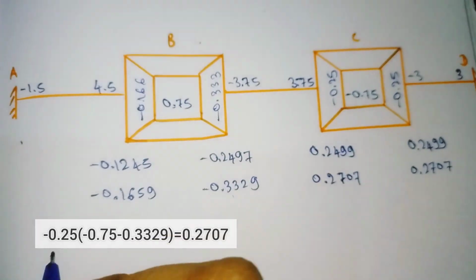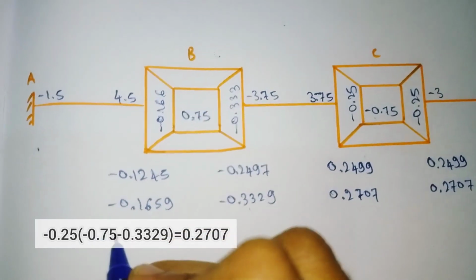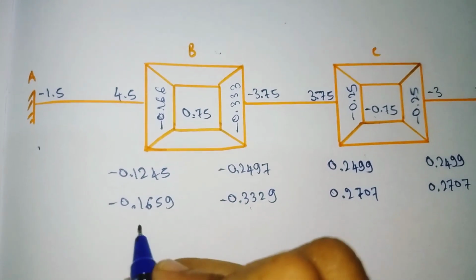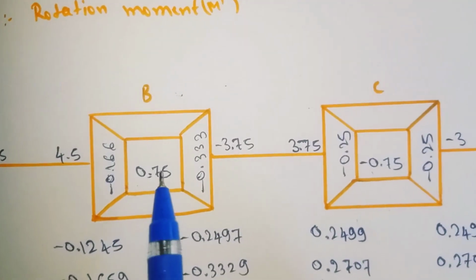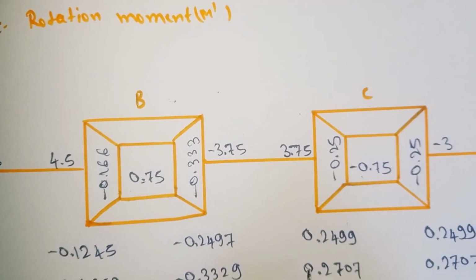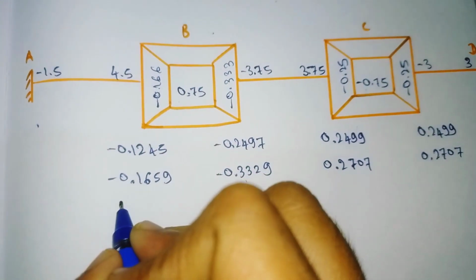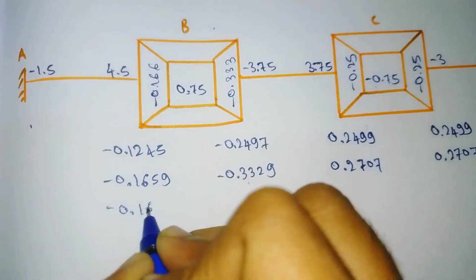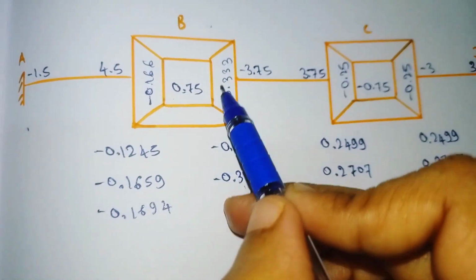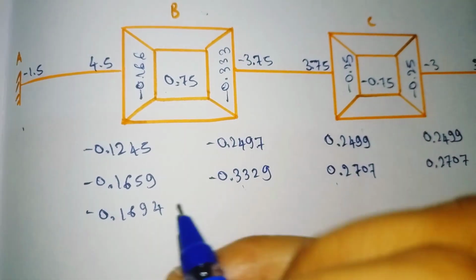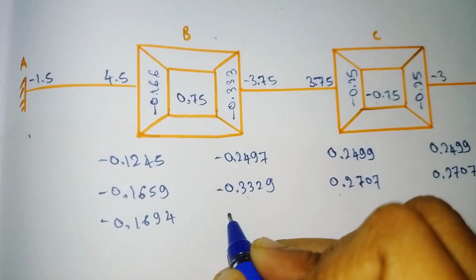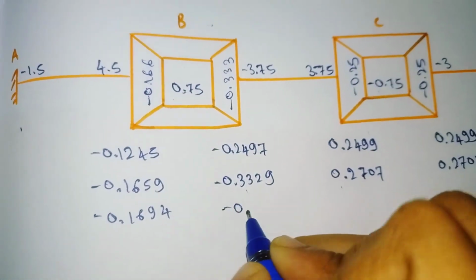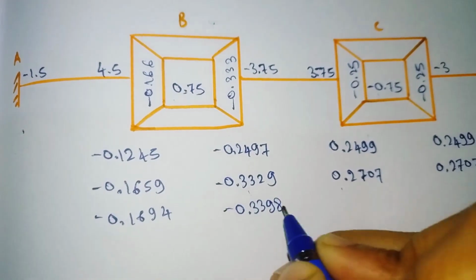Next we need to do one more iteration. This value into this value plus this value. It will come out as minus 0.1694, and this value into this value plus this value will come out as minus 0.3398.